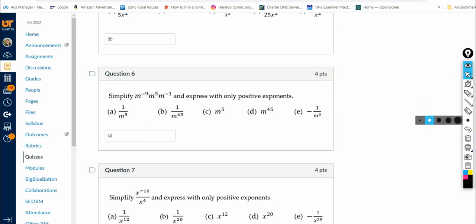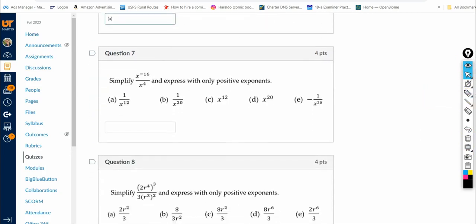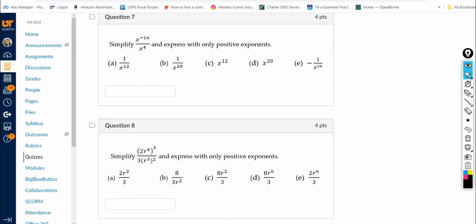And get rid of that. And scroll down. All right. Now, we have a rule that says if you have the same base, and the base here is x, that's equal to x to the power of a minus b.